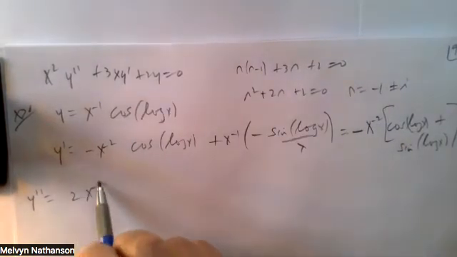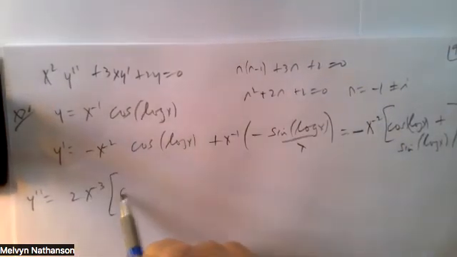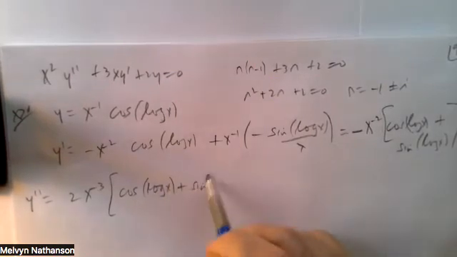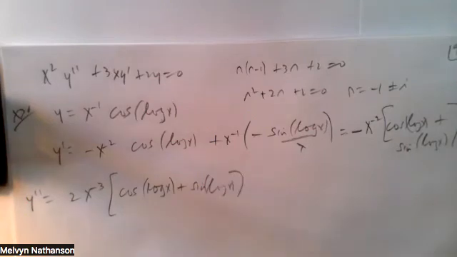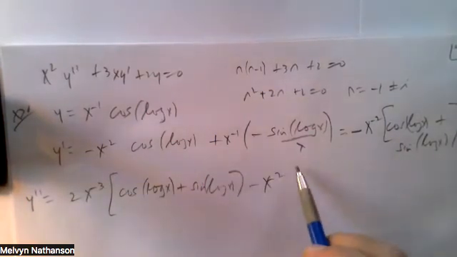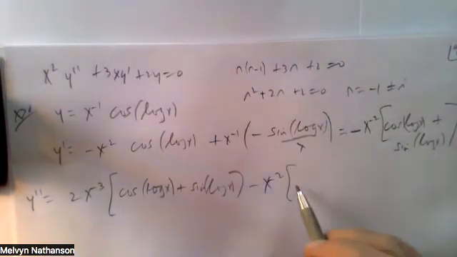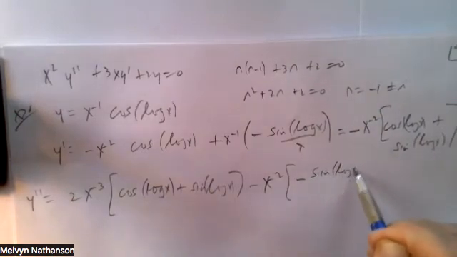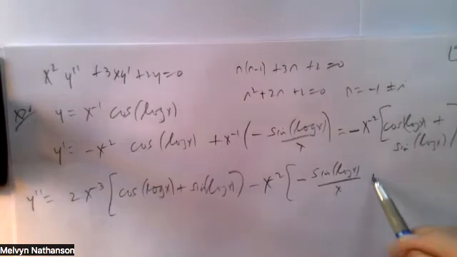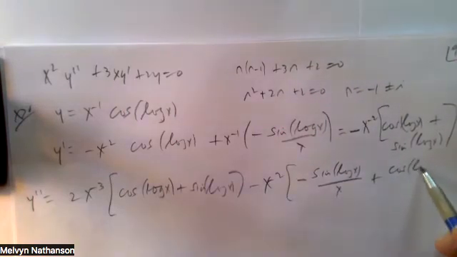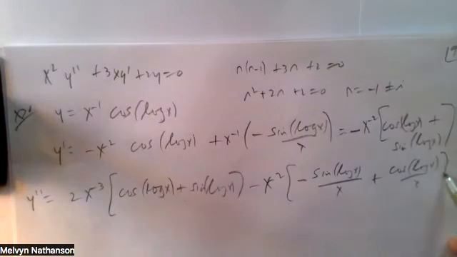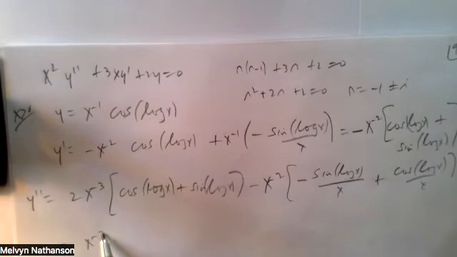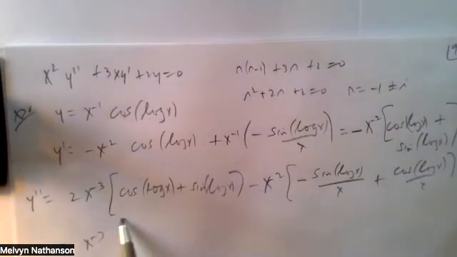This is 2 x to the minus 3 times cosine log x plus sine of log x, minus x to the minus 2 times the derivative of this, which is minus the sine of log x over x plus the cosine of log x over x. So I have an x to the minus 3 in both terms. I can factor that out.